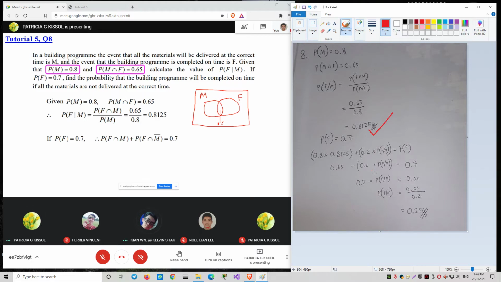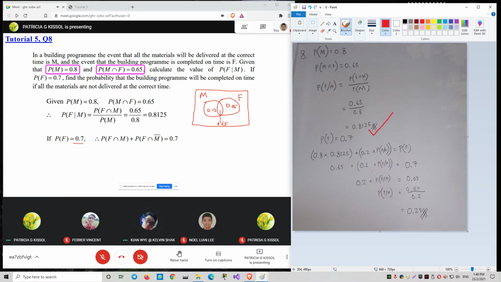So that means you're saying if the value of F is 0.7, then this would be 0.05, and then this would be 0.15.